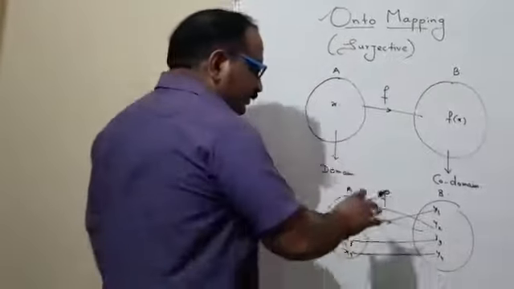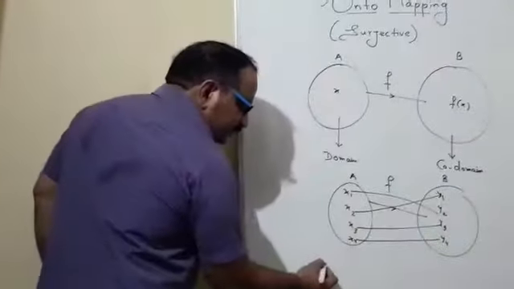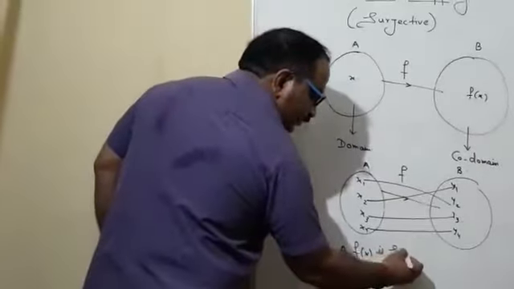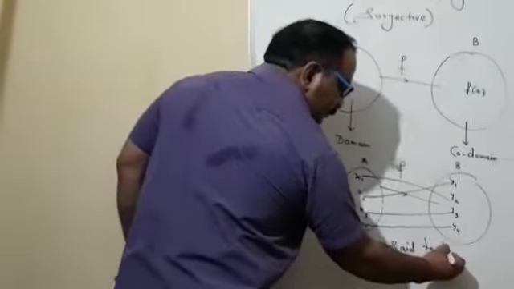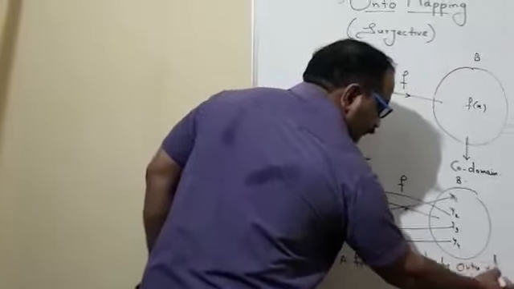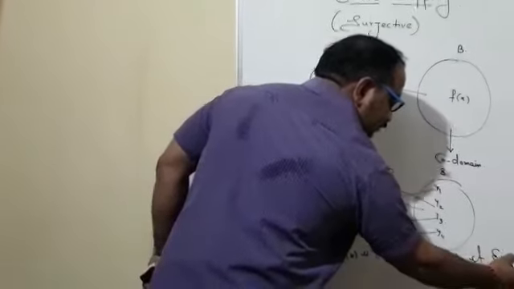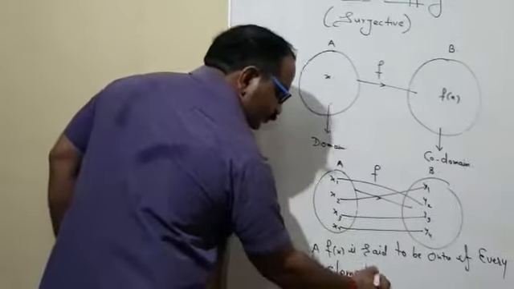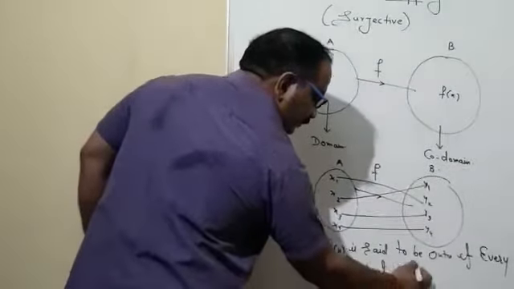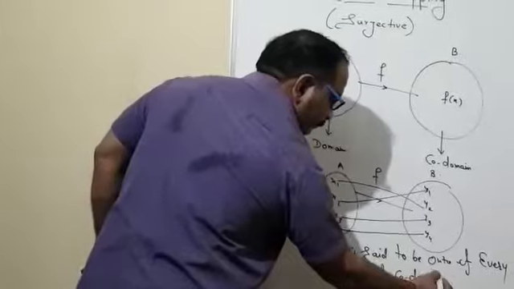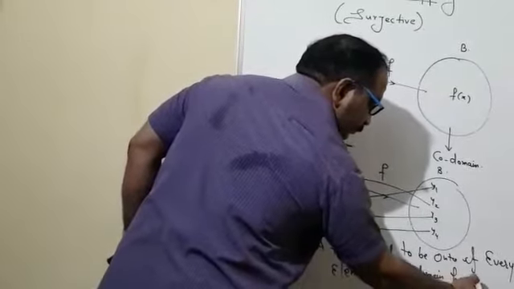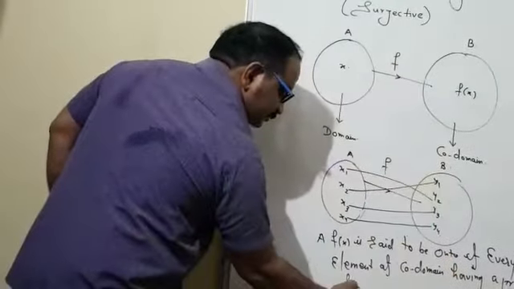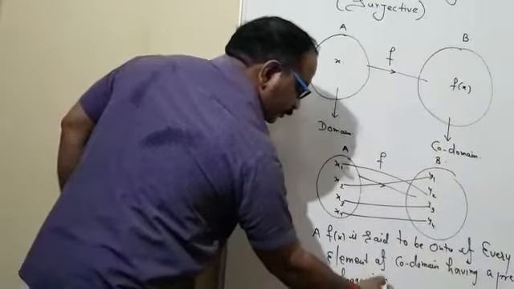So precisely, I can now state the definition: a function f(x) is said to be onto if every element of the codomain has a pre-image in the domain.